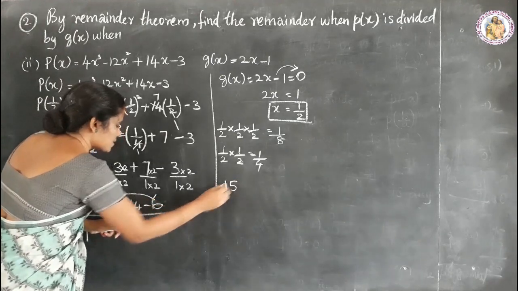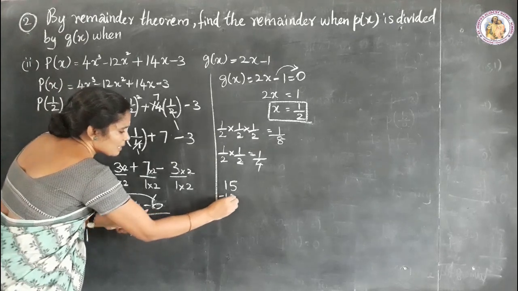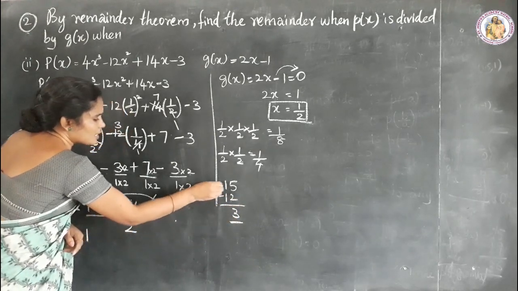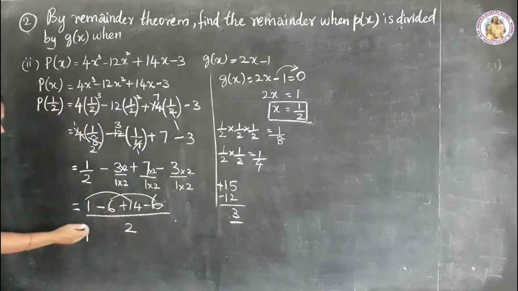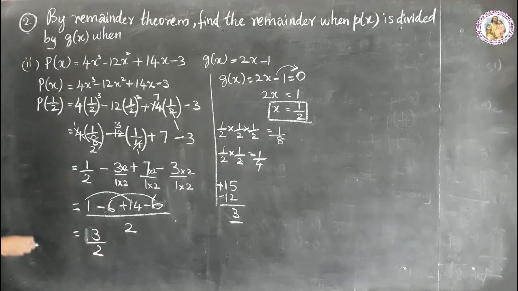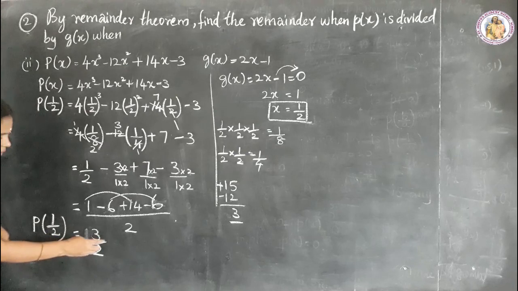Okay, 15 plus 15, and same sign add, minus minus, so minus 12. So 15 minus 12 is 3. Here 15 is plus, so it is plus 3 by 2. Okay, so P of 1 by 2 is equal to 3 by 2.